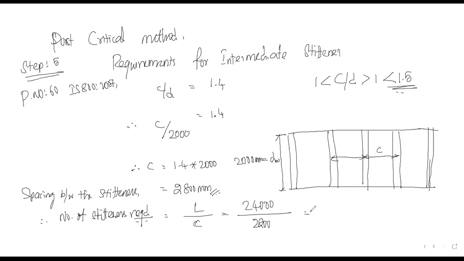It becomes 8.57 numbers. We have to round up, so we are going to have 9 numbers of stiffeners.